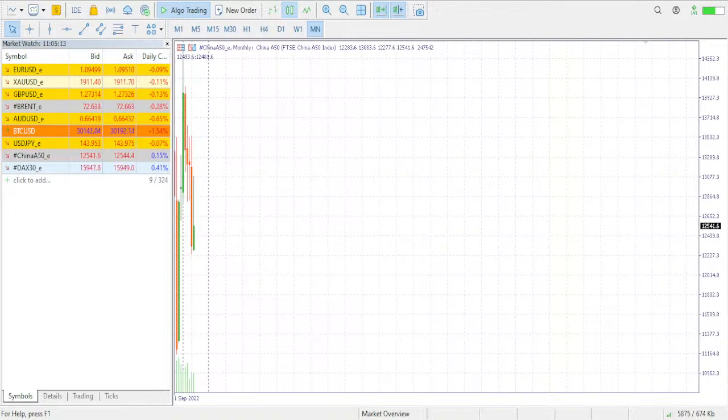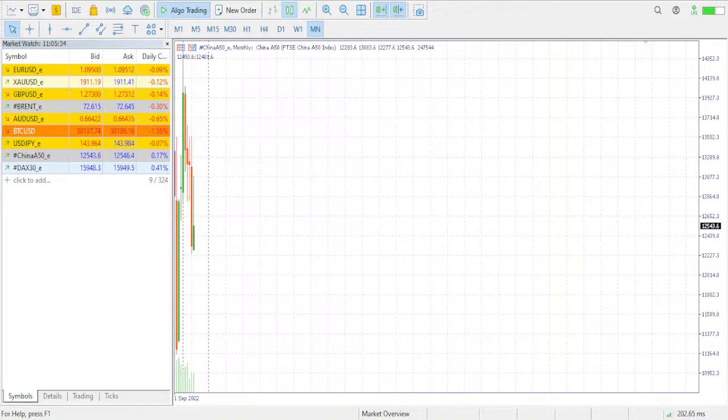At the same time, we'll be looking at the China A50. There are actually five instruments. I want us to look at a brief trend, what we expect to be happening, where the trends are headed, and where we expect them to be going in the next few days.